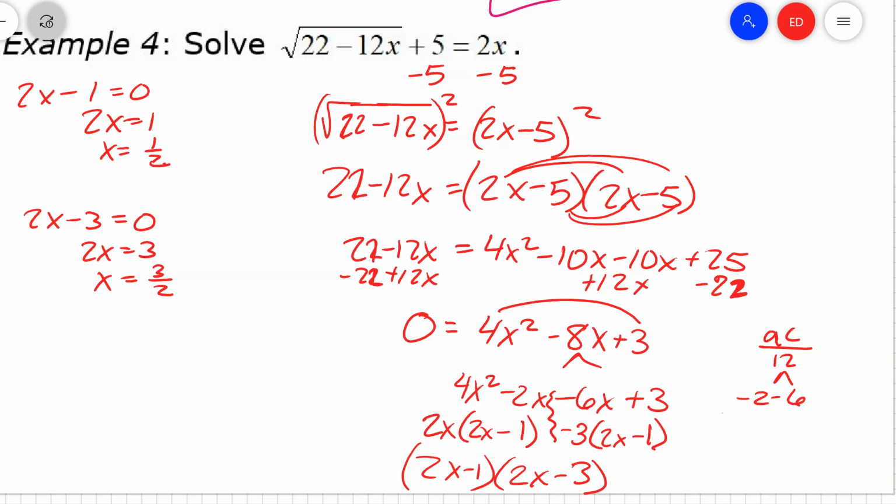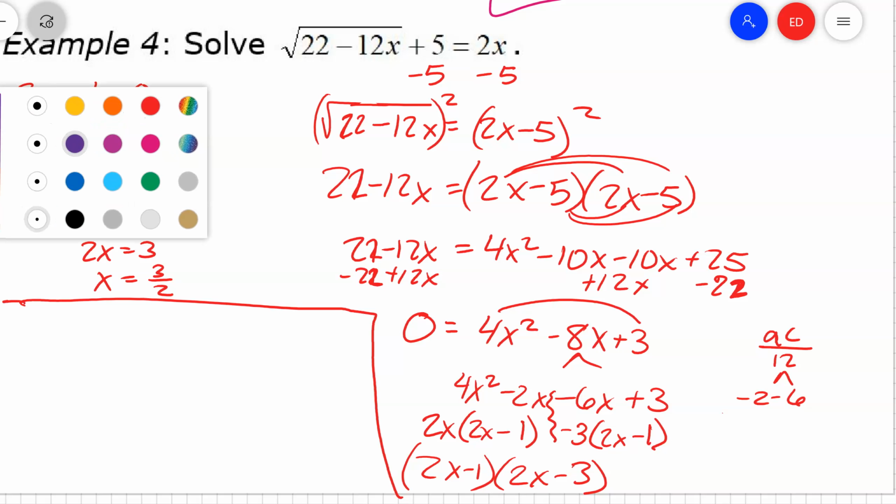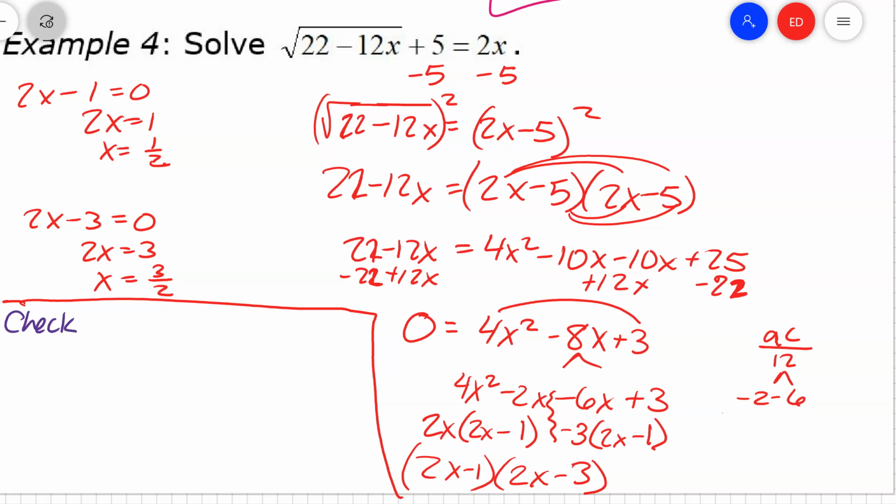When we check both of these solutions, we're going to put them in the original equation. At least one of them here. We're going to check 1/2 first.